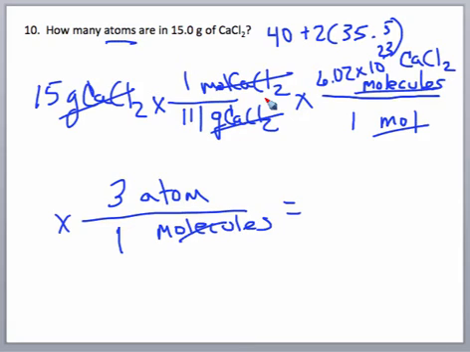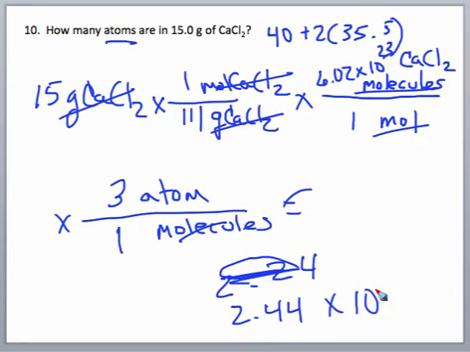We have 15 divided by 111 times 6.02 times 10 to the 23rd times 3, and that is going to give us 2.44 times 10 to the 23rd atoms. And that is a lot of atoms. Alright, let's move on. We'll try to do this whole thing in one shot.